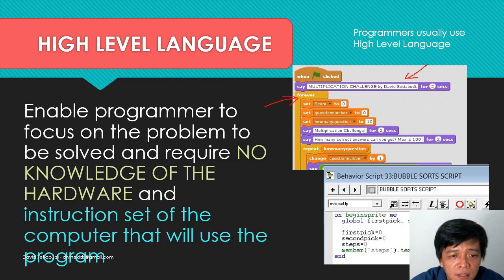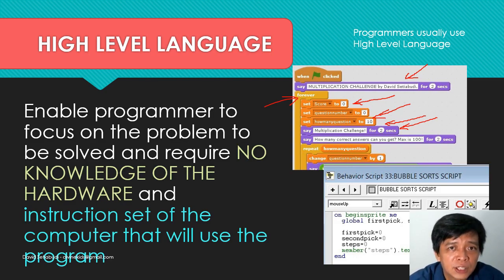After that, this text is gone and you set score to 0, question number to 0, how many questions to 0, and then you say again, Multiplication Challenge for 2 seconds and so on. You see, it's English-like. This one is the high-level language. This one is also high-level language. It's using Lingo in Adobe Director.